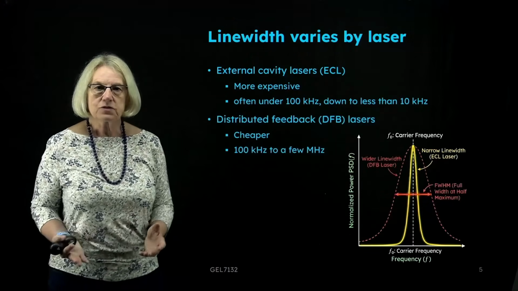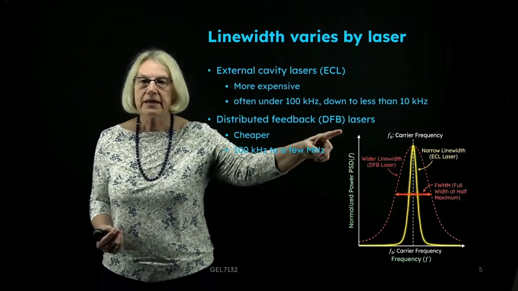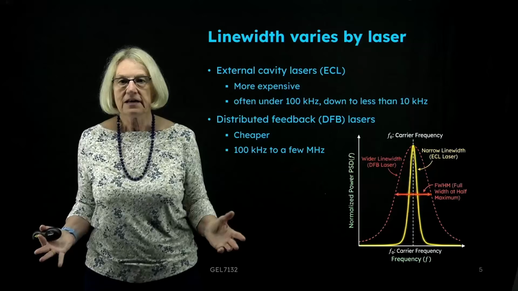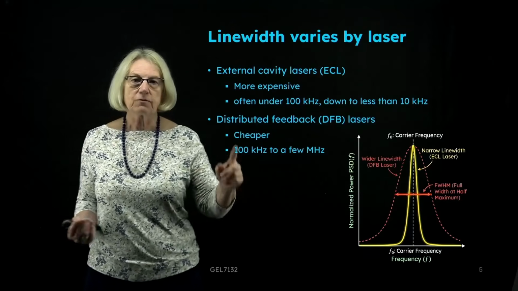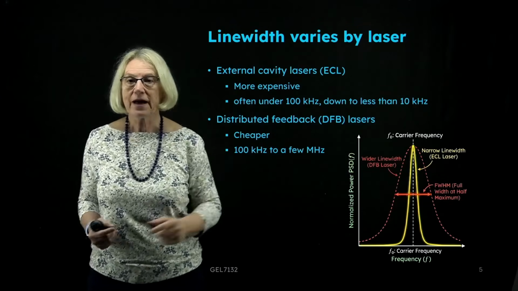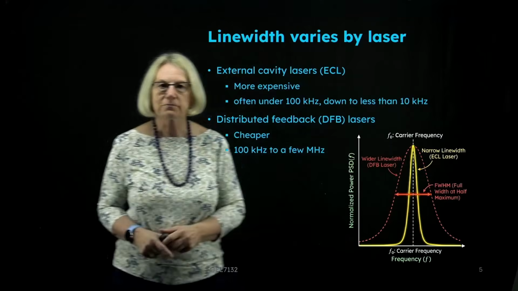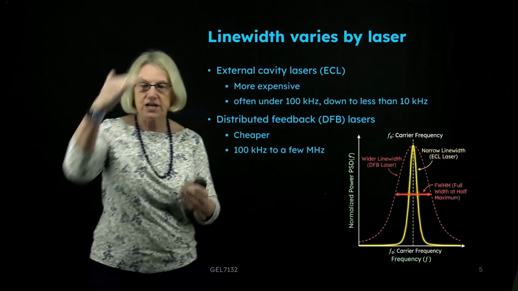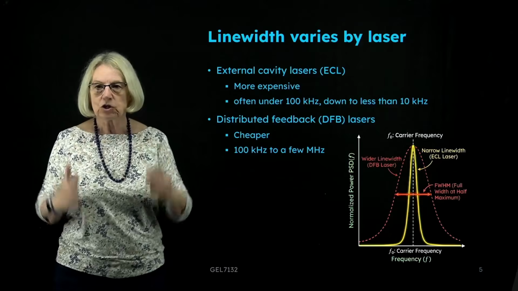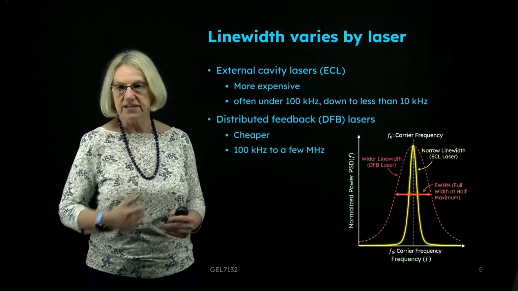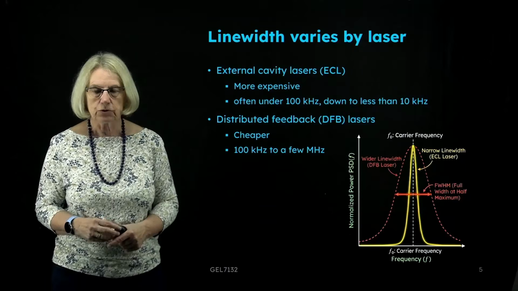We can also use distributed feedback or DFB lasers. And these lasers are much less expensive, but their phase noise can go from 100 kilohertz up to a few megahertz. So we can see here, if we were to look just at the power spectrum density of these two different laser types, it would be quite obvious, looking at the line width, that the amount of phase noise is quite different between these two.